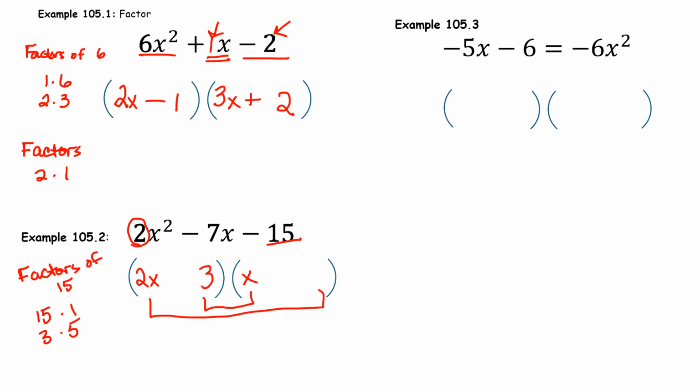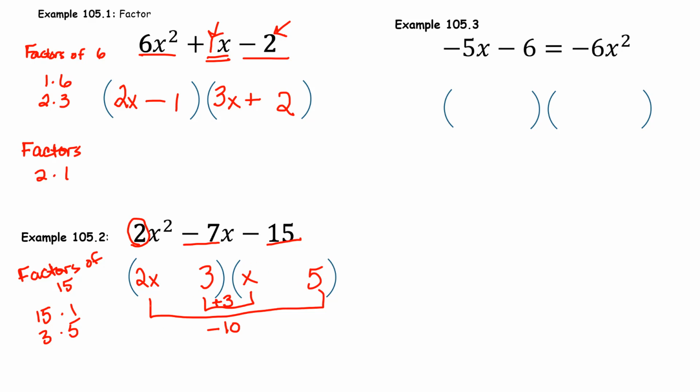If I put the 3 here and the 5 here, let's see what's going to happen. The means, 3 times x, gives me 3x. And the extremes, 2 times 5, is going to give me 10. Can I make 7 with a 10 and a 3? Yes, I can. This is negative 7, so I'm going to make my 10 negative and my 3 positive. If I do that, it will add up to negative 7.